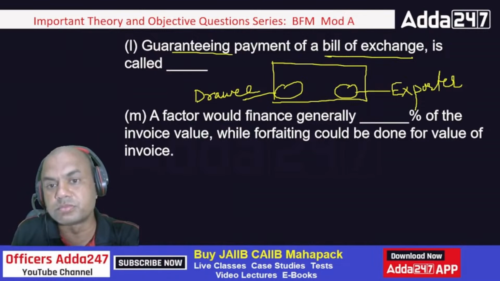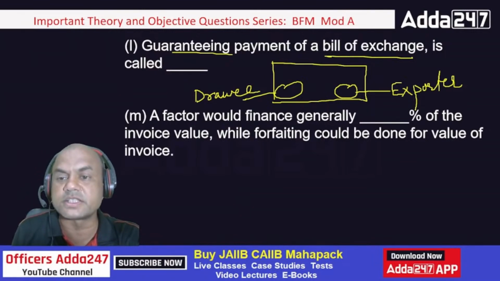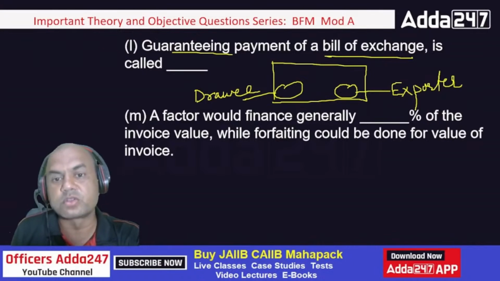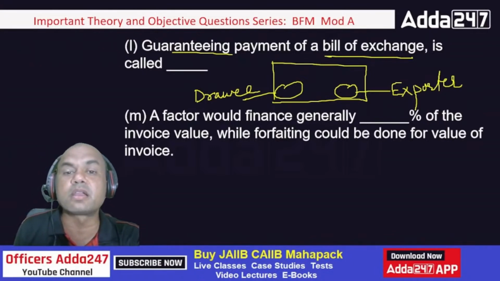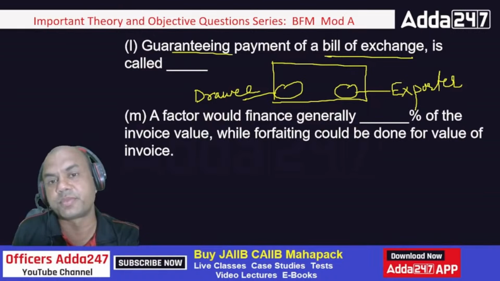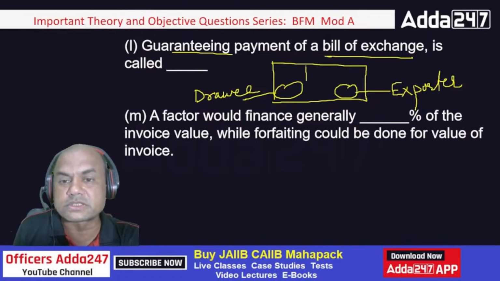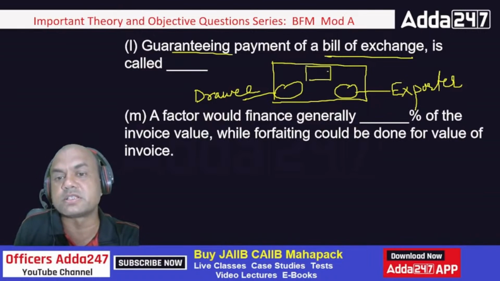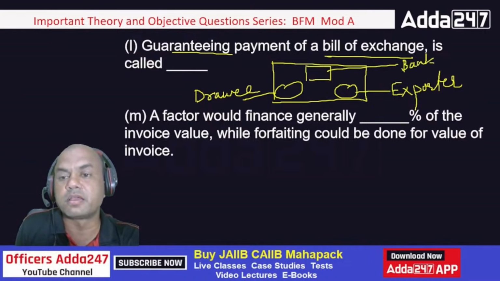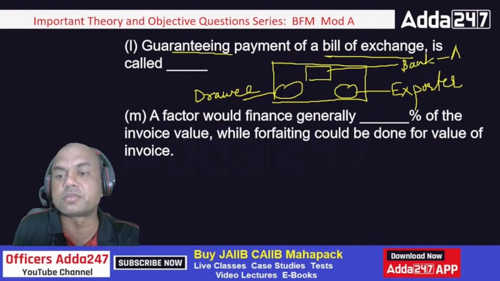Okay, but what is this guaranteeing? Guaranteeing by whom? Here in this case, exporter is asking this drawee to pay, right? So this guy is guaranteeing. But here now the role comes of the bank. What does the bank do? Bank puts a separate stamp on this bill of exchange. Accepted. It'll write accepted, gives the stamp, accepted.